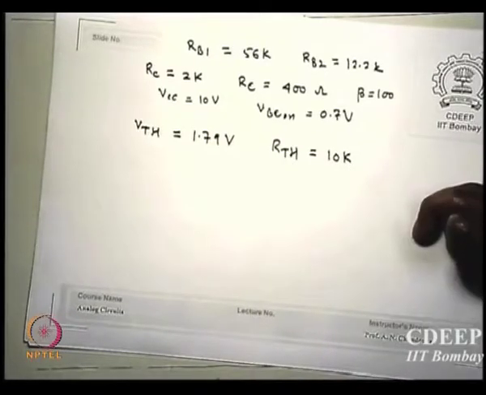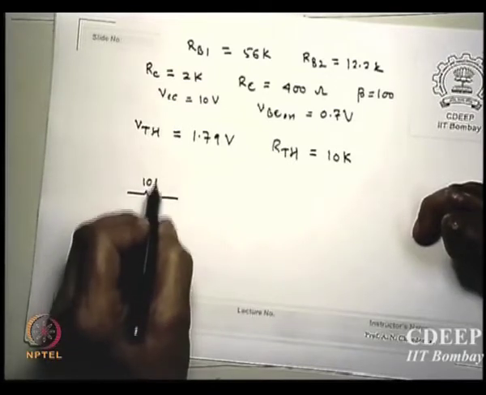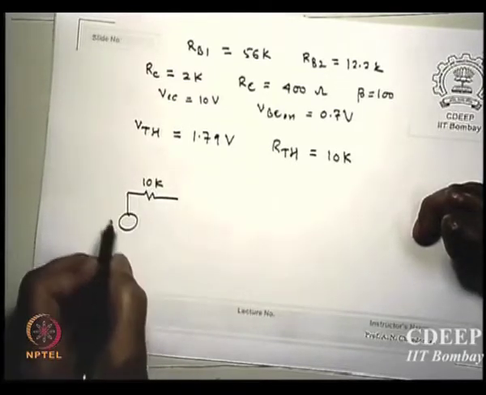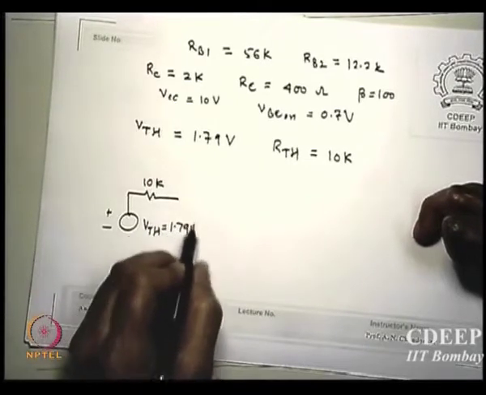So here is my circuit finally, which you should look at. 10K, Thevenin source VTH is equal to 1.79 volt.